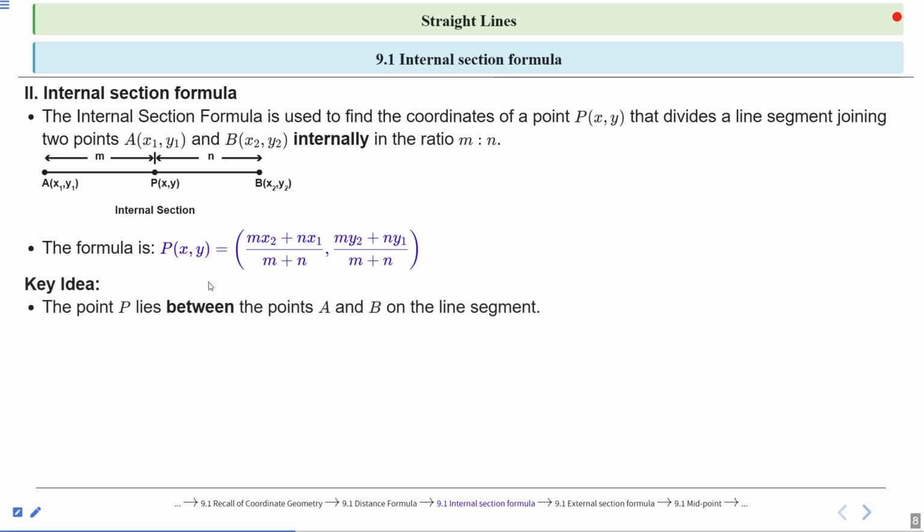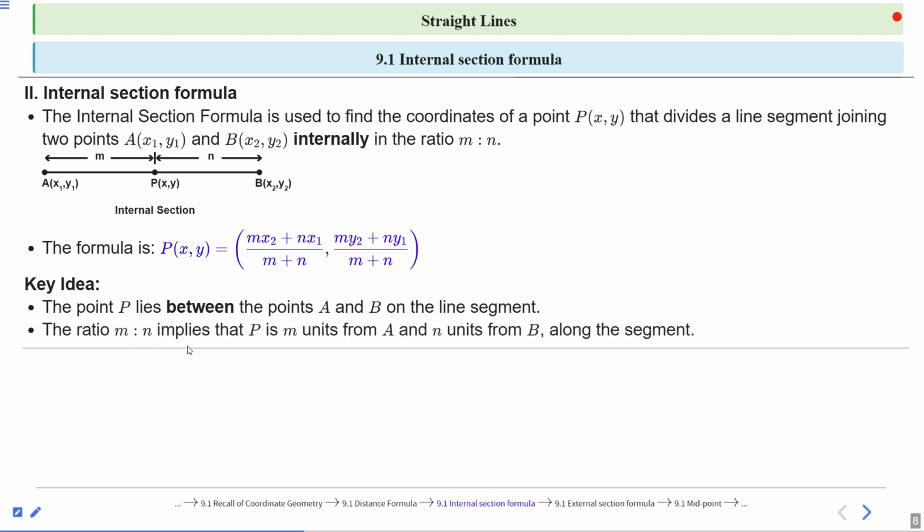So now the points to remember. Now we will discuss the key idea. The point P always lies between the points A and B on the line segment when P divides the line segment internally in the ratio m is to n.